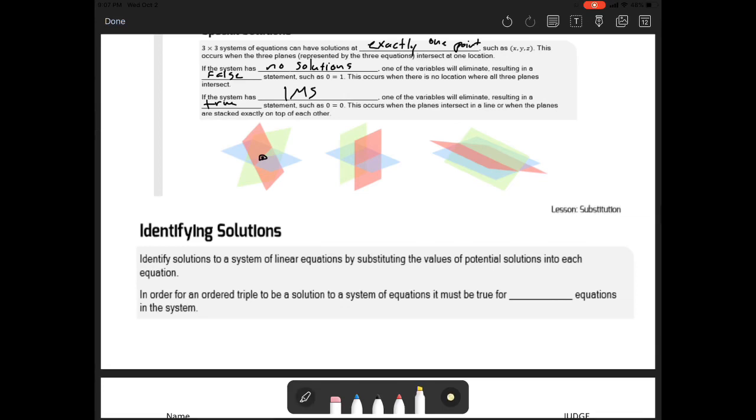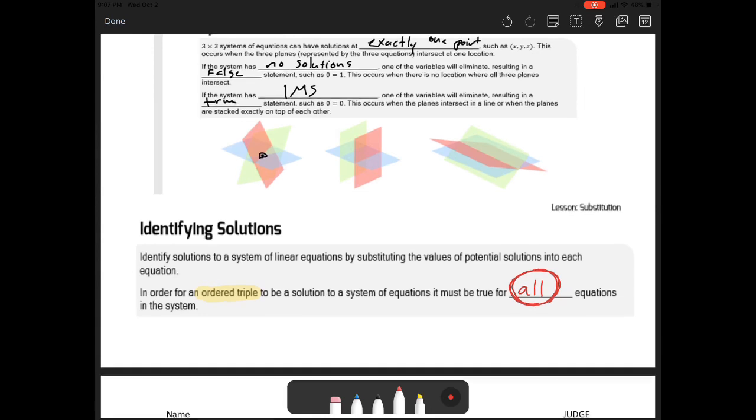Again, when we identify solutions to a system by substituting the values into each equation, in order for an ordered triple to be a solution, it must be true for all of the equations in the system. So make sure you understand that it has to be good for all of them, or it cannot be the ordered triple. So that's why checking your solutions is so important.